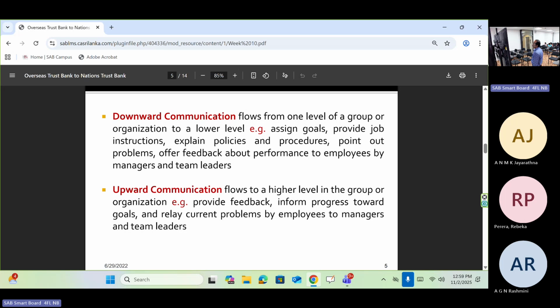The goals, which are based on mission and vision, goals, job instructions, policies, procedures, problems, offering feedback, all can be distributed from the top level to the lowest level through the hierarchy. That is highly essential. Downward communication.